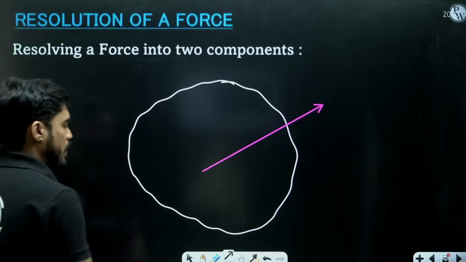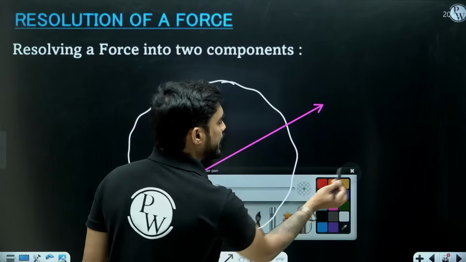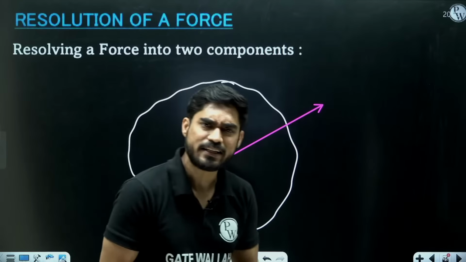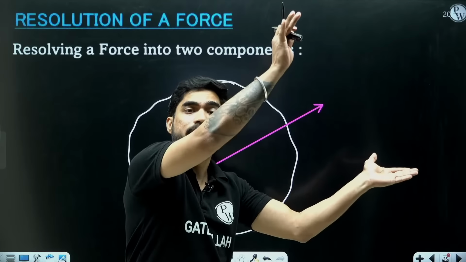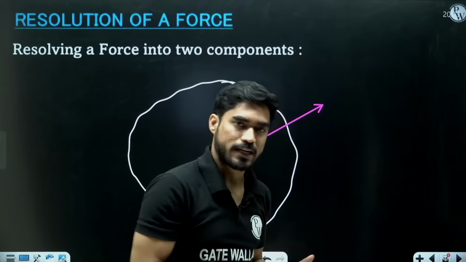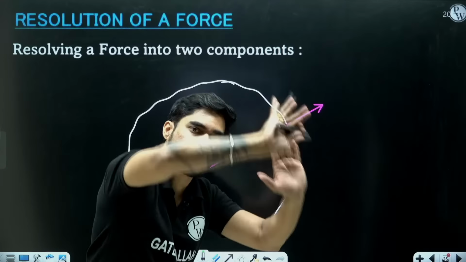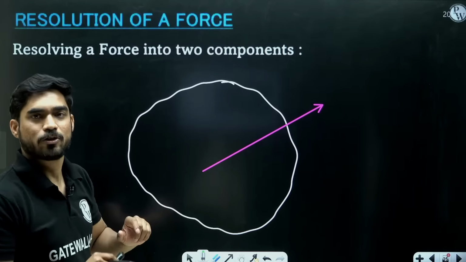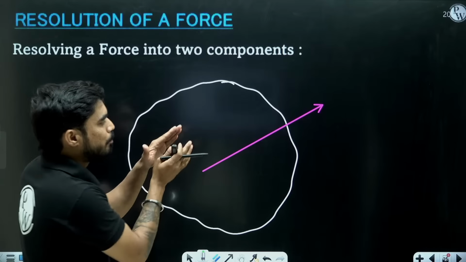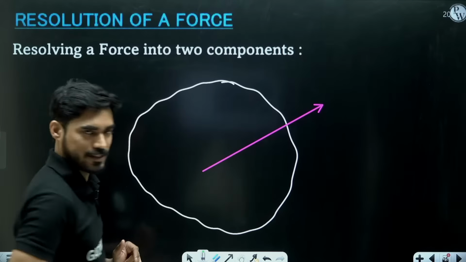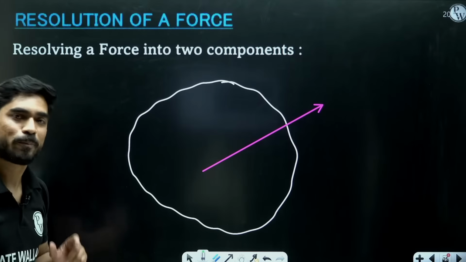So it is a process which is inverse of finding resultant. What we were doing in resultant, we were adding two forces and making a single force, right? We were combining two forces into a single force. Here we are going to do the reverse of it. We are going to break this force into two forces. So how are we going to break this force, beta?